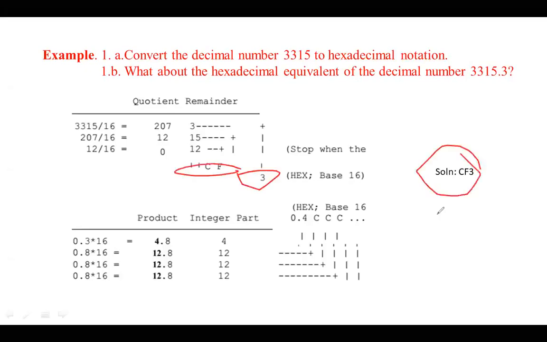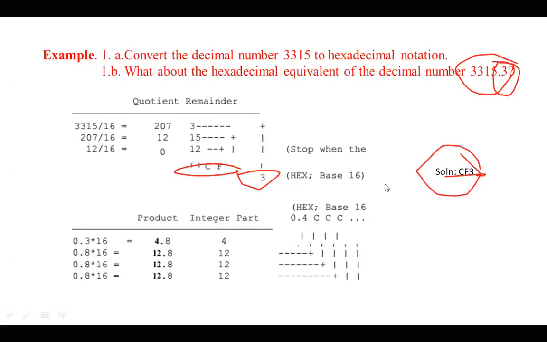Now the next part of the question is, what about the hexadecimal equivalent of the decimal number 3315.3? Now 3315 is CF3, we already have. What we have to solve is 0.3. Now how will we solve this 0.3? This method is followed for all the numbers.